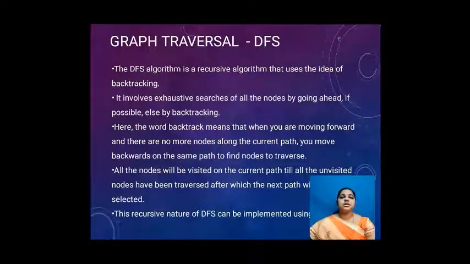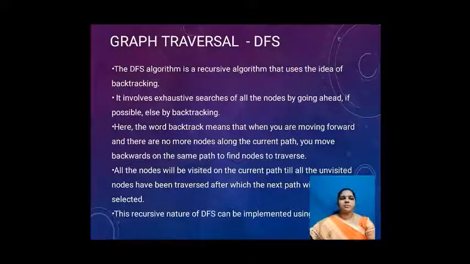Next one is the depth first search method. The depth first search algorithm is a recursive algorithm that uses the idea of backtracking. It involves exhaustive searches of all the nodes by going ahead, if possible, else by backtracking.